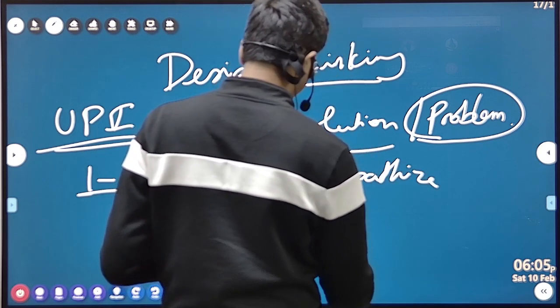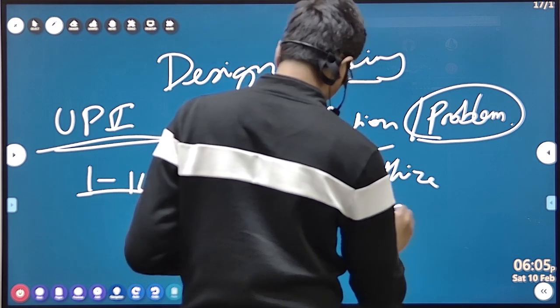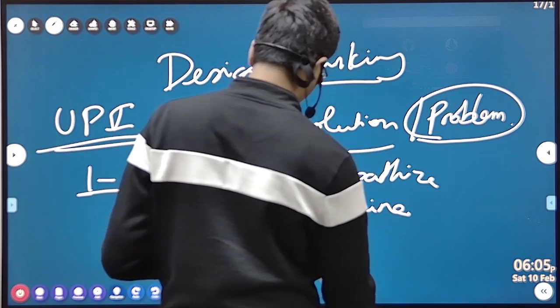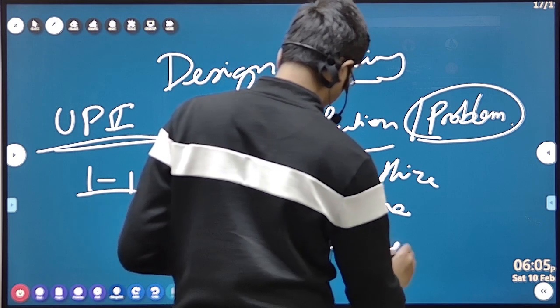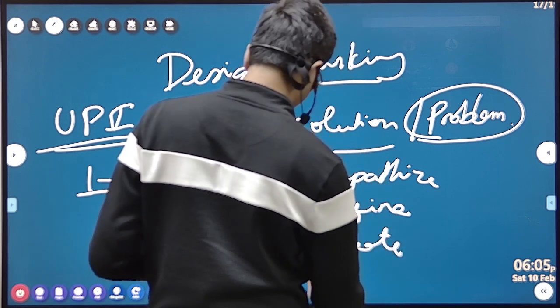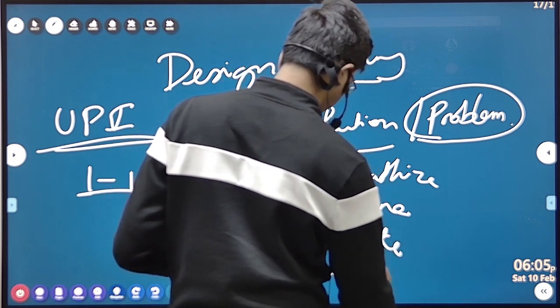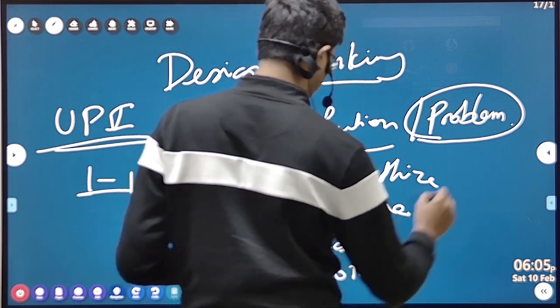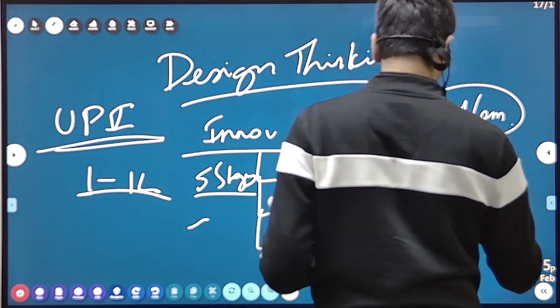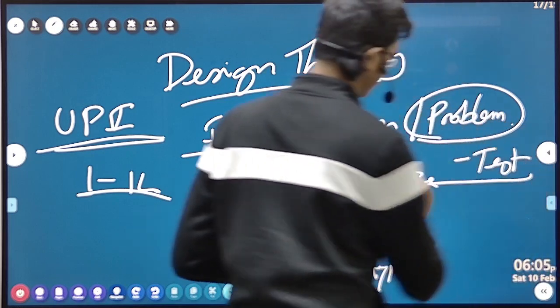Then define. Ideate. Prototype. And the last one is test.